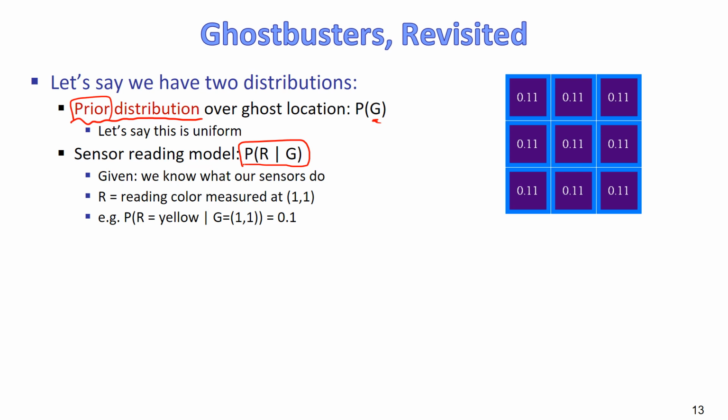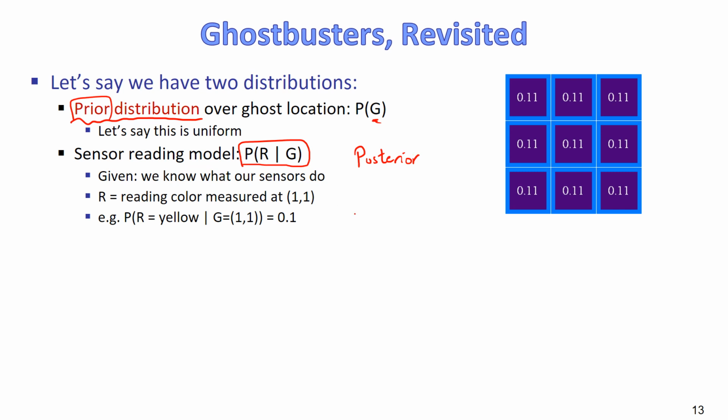But what we want to know is, given that we start to see some readings, what will be the probabilities of having the ghost in these cells? This is what we call the posterior distribution. Posterior means after. After what? After seeing the evidence.